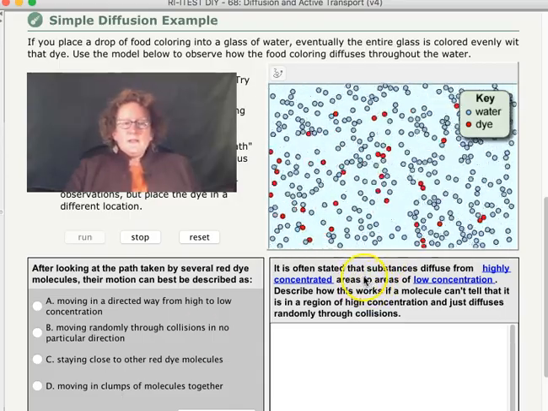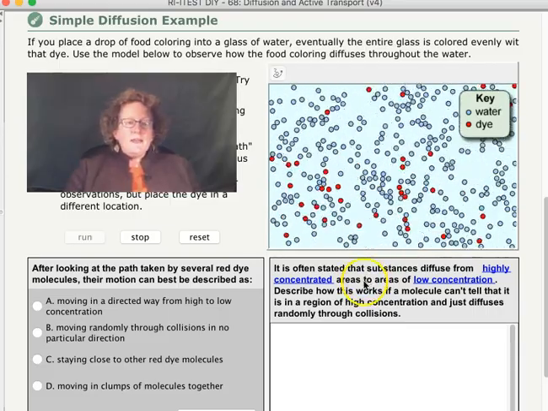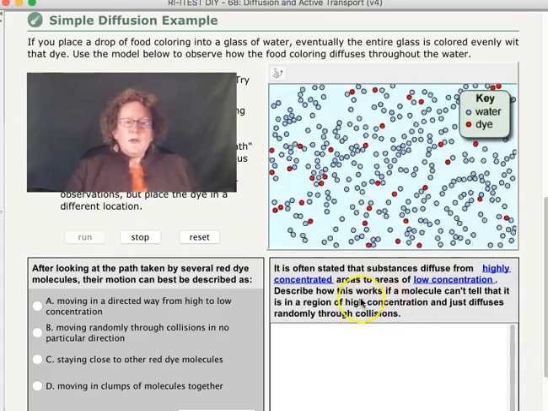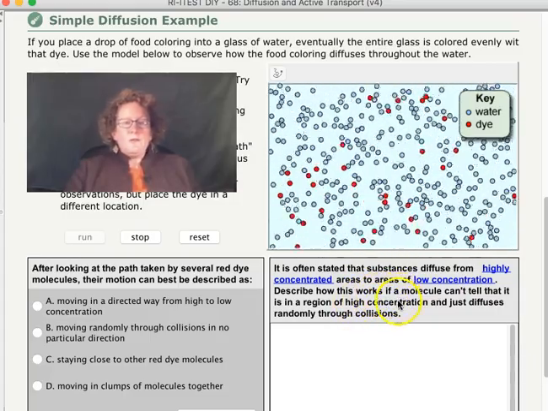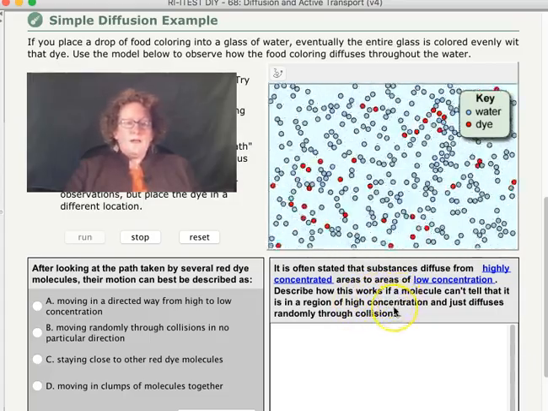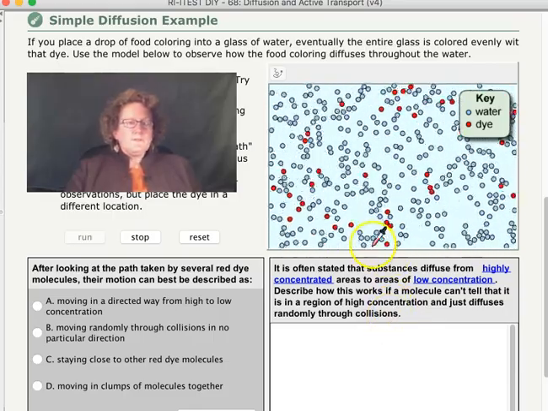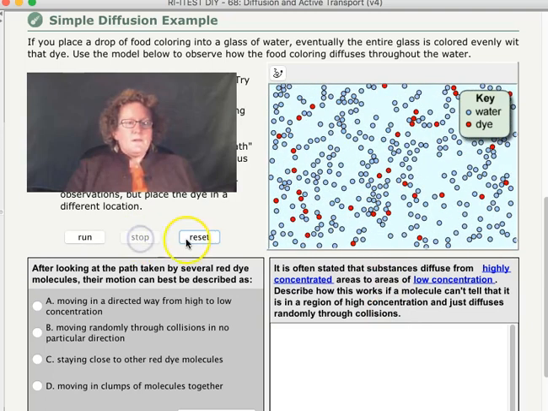It's often said that substances diffuse from highly concentrated areas to areas of low concentration. Describe how this works if a molecule can't tell that it is in a region of high concentration and just diffuses randomly through collisions.